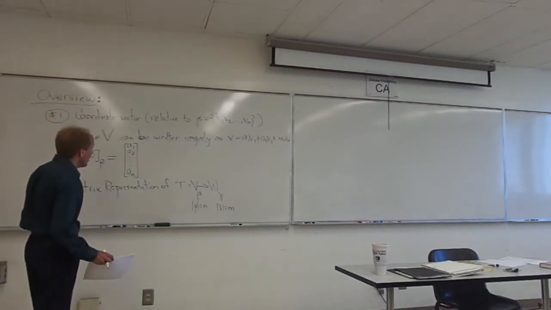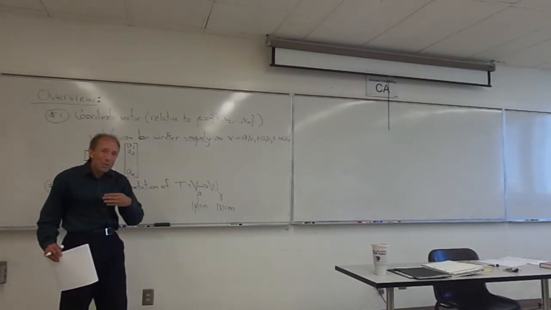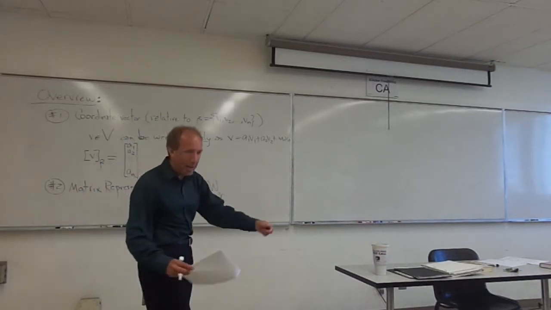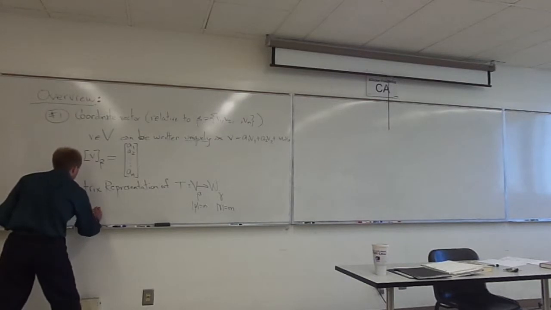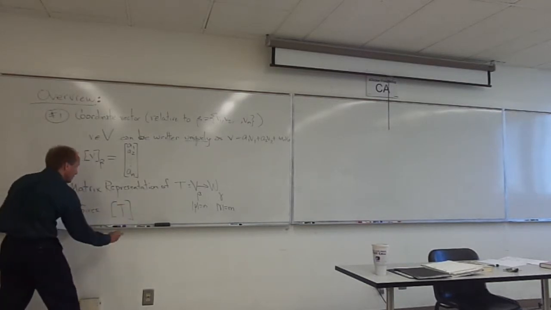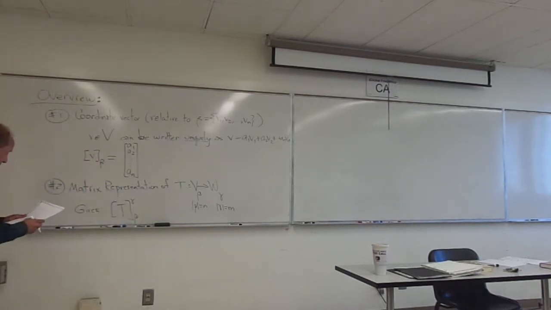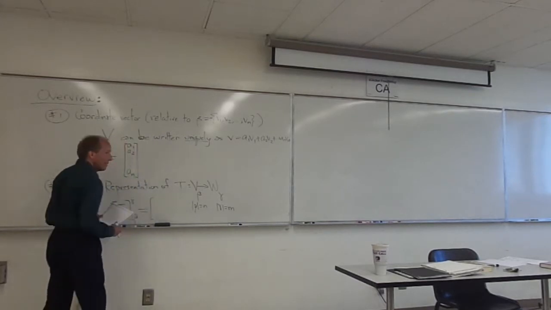But given that information, what we can do is write down an M by N matrix, right? So this gives us the matrix representation. The way we write that is T in brackets from beta to gamma, and all that is the matrix.